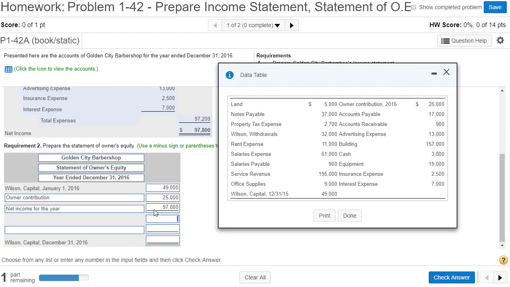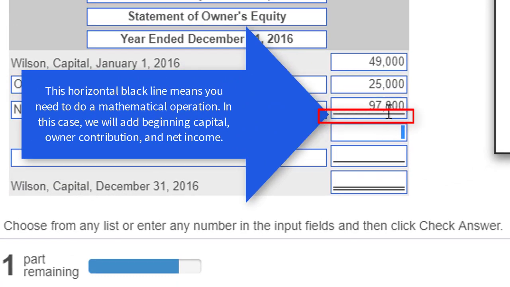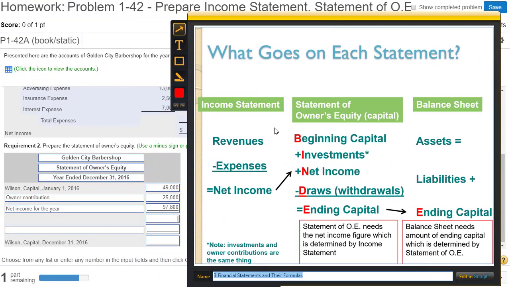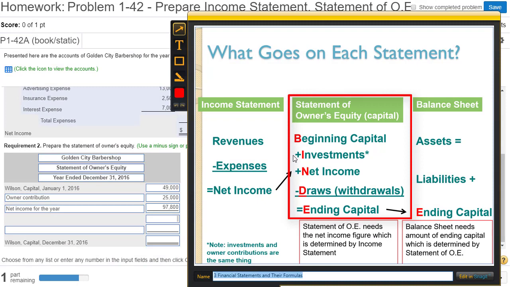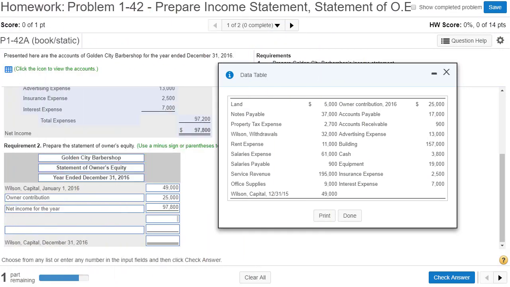So that means they want a total. So you also know they want a total because see this line right here? That means we're going to take these numbers and do some type of mathematical operation. In this case, are we adding or subtracting investments? Notice our cheat sheet says plus investments plus net income. So we're going to add those three numbers.